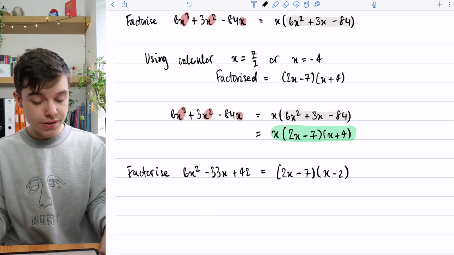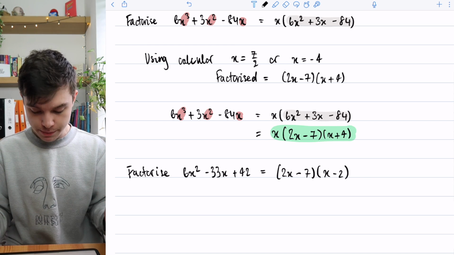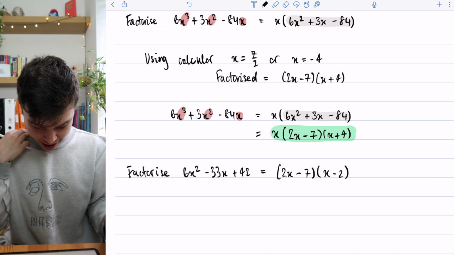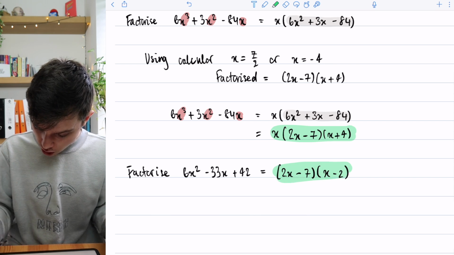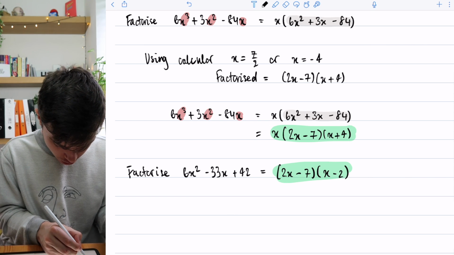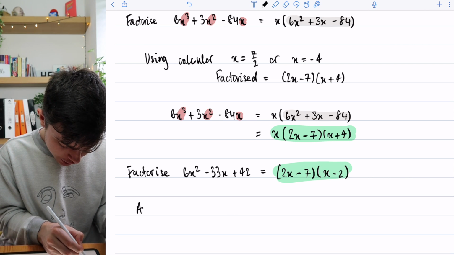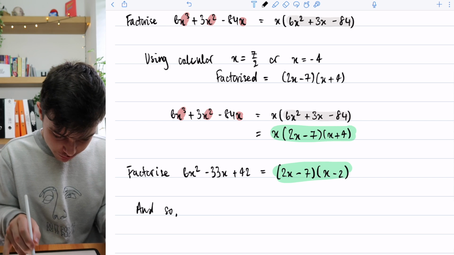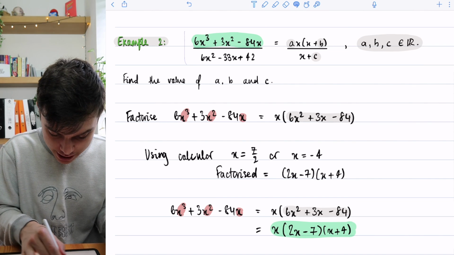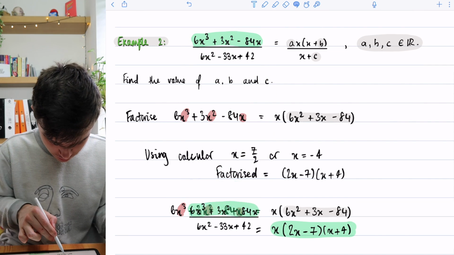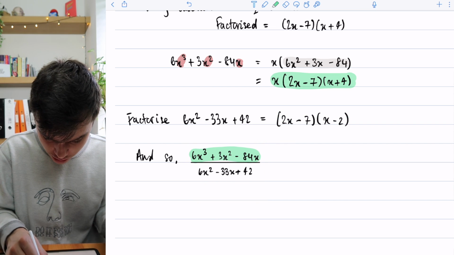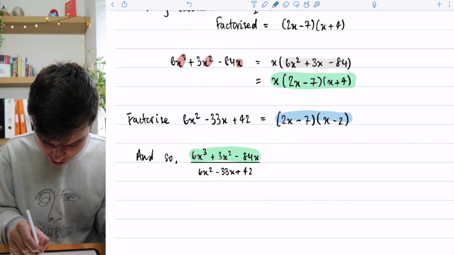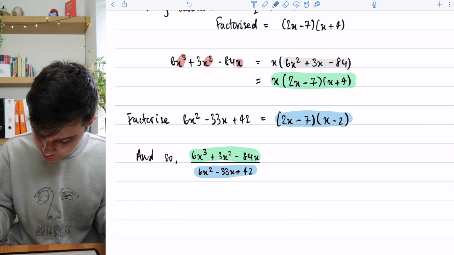It gives me solutions 7 over 2 and 2, so put them into brackets, that's what we get there. Okay, so that is factorised form. All I'm going to do now is I'm going to go back and say, and so the original fraction that we had up here is equal to, and I'll use a different colour there, I will use a blue, this came from there.